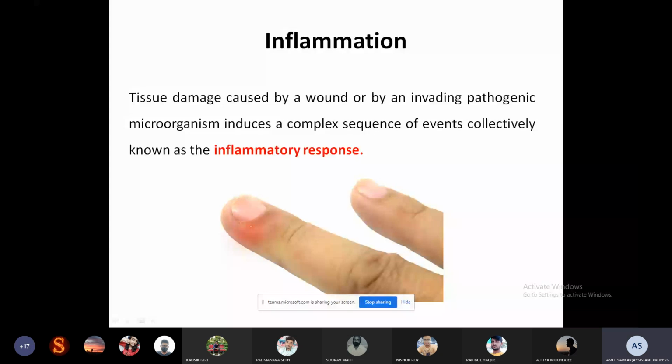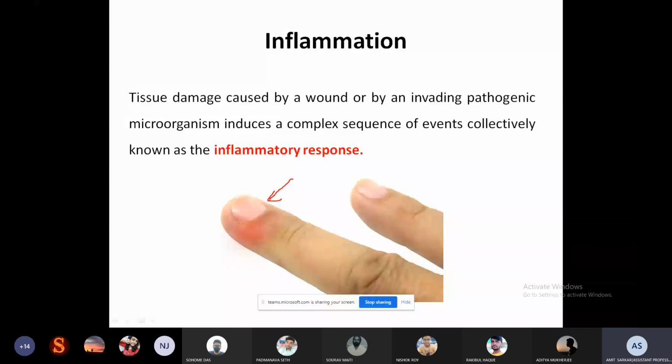You will see this type of thing. What else will you see? This area becomes very tender and you feel a pain sensation. If you touch that place, you will see it is a little warmer than the other parts of the body. You will also see the area becoming reddish compared to the other area.